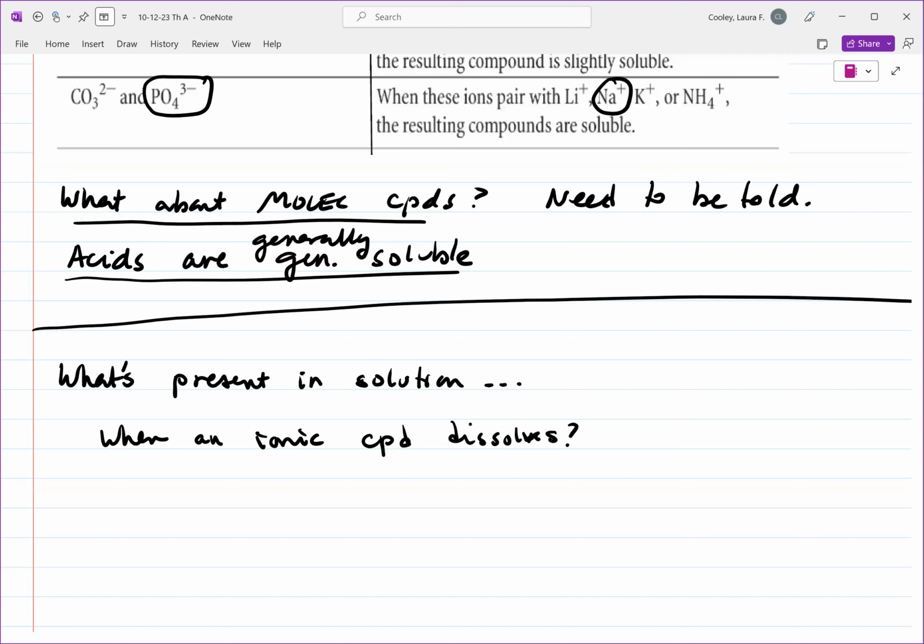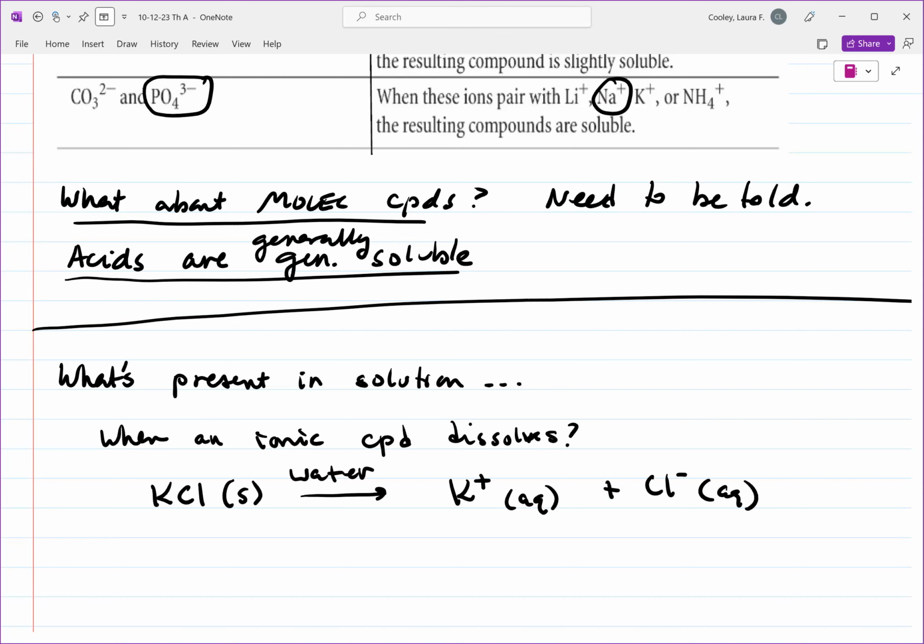Well, an ionic compound doesn't have H plus. It'll have something like sodium chloride or potassium phosphate. But when you take, say, KCl, solid KCl, and you put it in water, you get these aqueous ions.